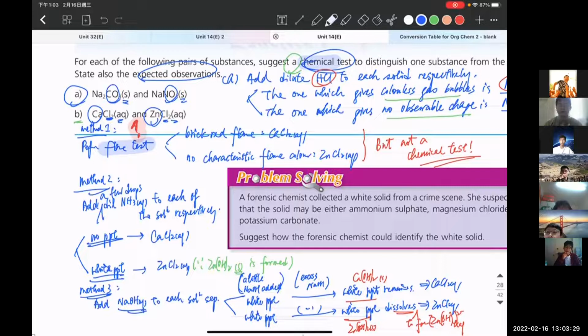One is the flame test. The other one is the silver nitrate test. Only by doing so will I know that the chemical itself is calcium chloride. If you just do one of them, I only know part of the compound. Do you understand?